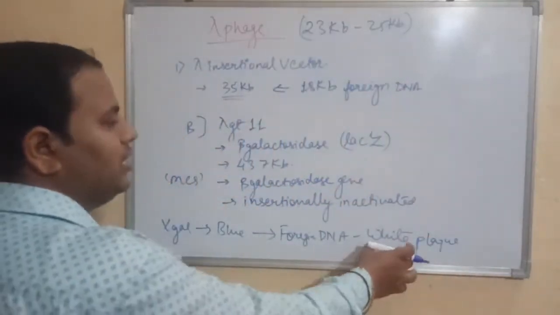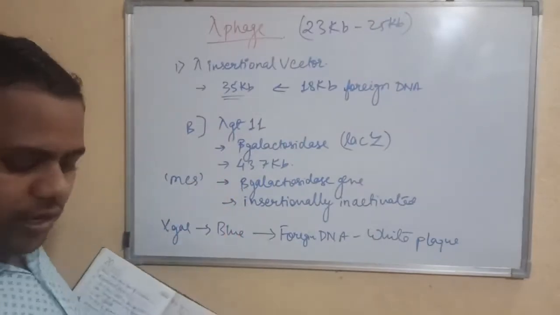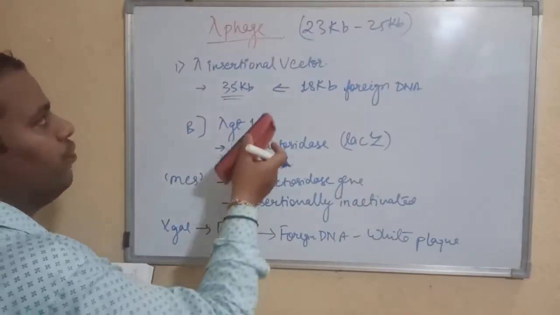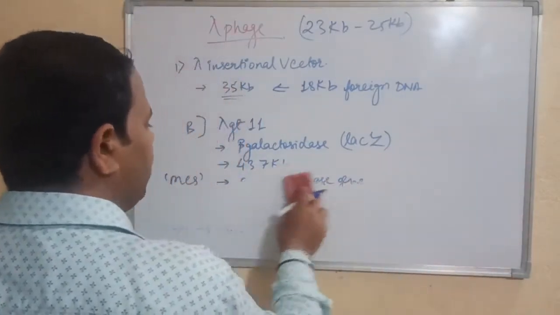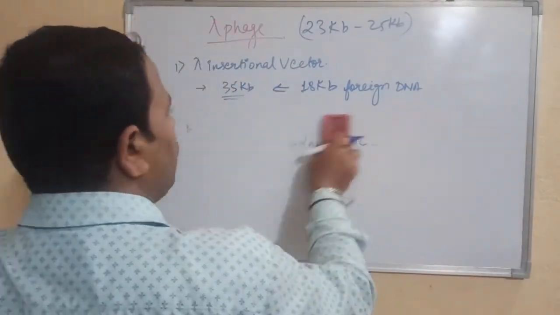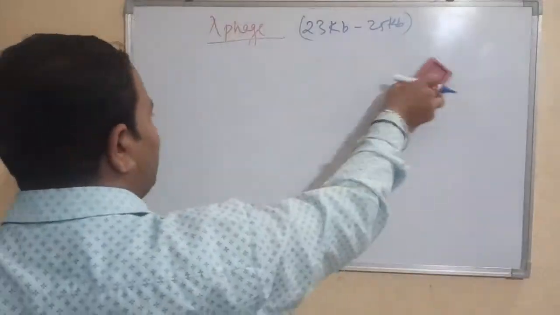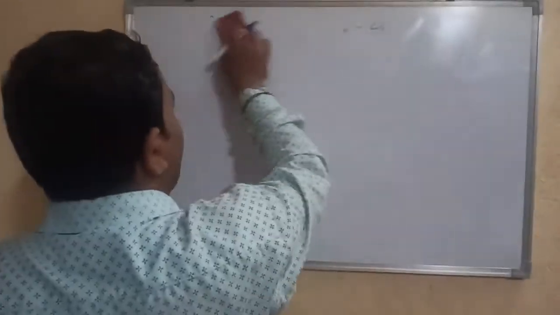Okay, so this white colored plaque can be selected and we can go for isolation of our fragment of interest. So these were the two vectors of lambda phages used for cloning experiments. Now let's see the next vector, that is M13 phage.